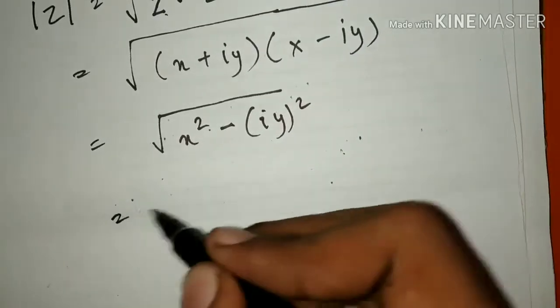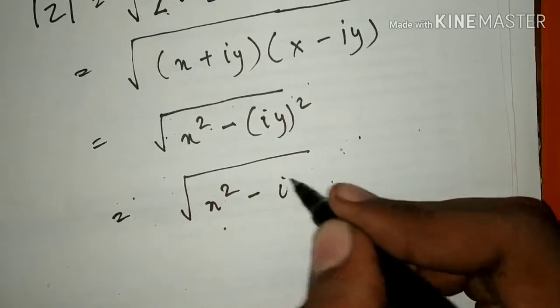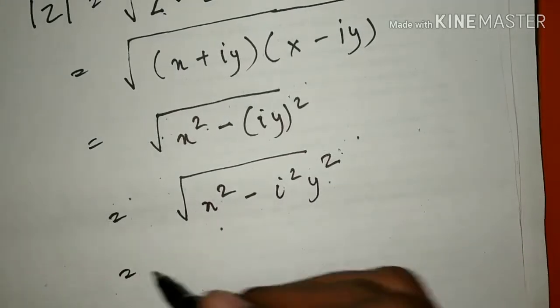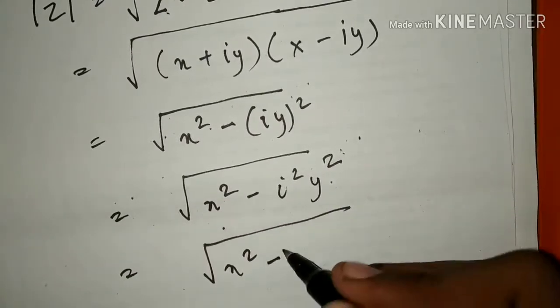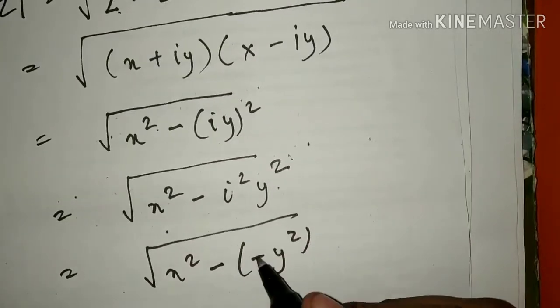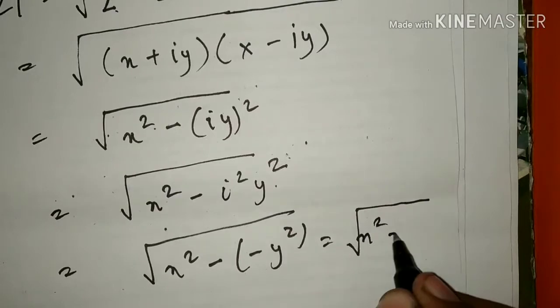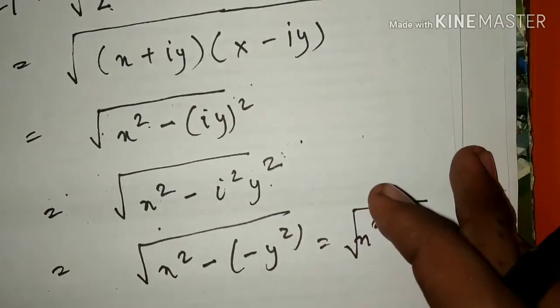So we can write this as the square root of x square minus i square y square. Now remember the value of i square is -1. So minus times minus y square, and minus into minus becomes plus, and we write x square plus y square. So that's called the modulus.